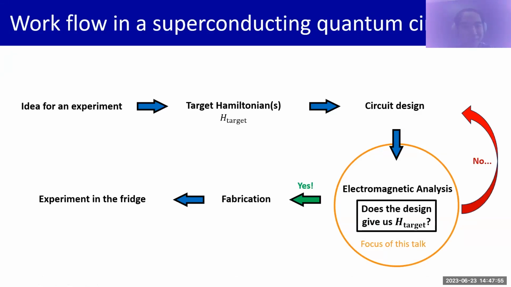So yeah, at the end of the talk, I hope you still remember the overall goal we want to do with HFSS and PyEPR: we want to test whether a design gives us our target Hamiltonian or not.